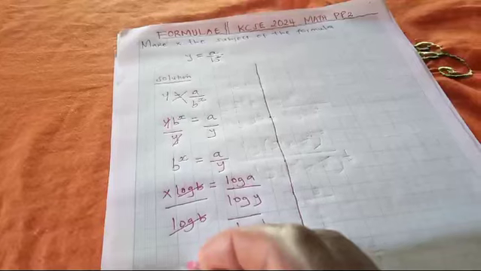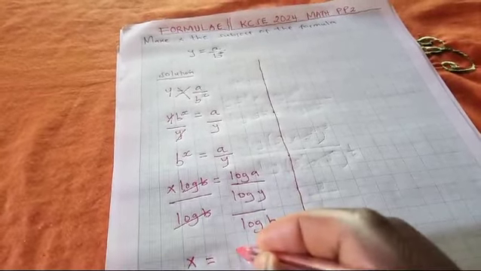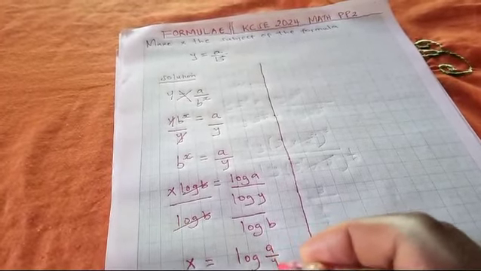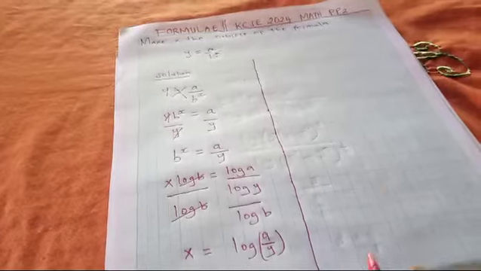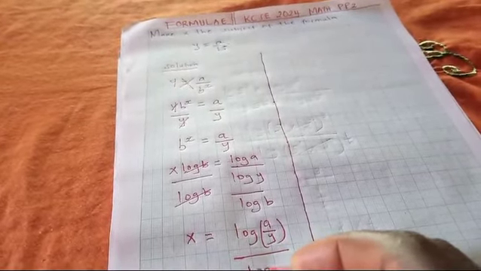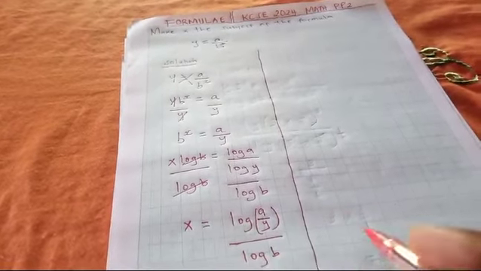So we have our x is equal to the log of a divided by y, then we divide by the log of b.